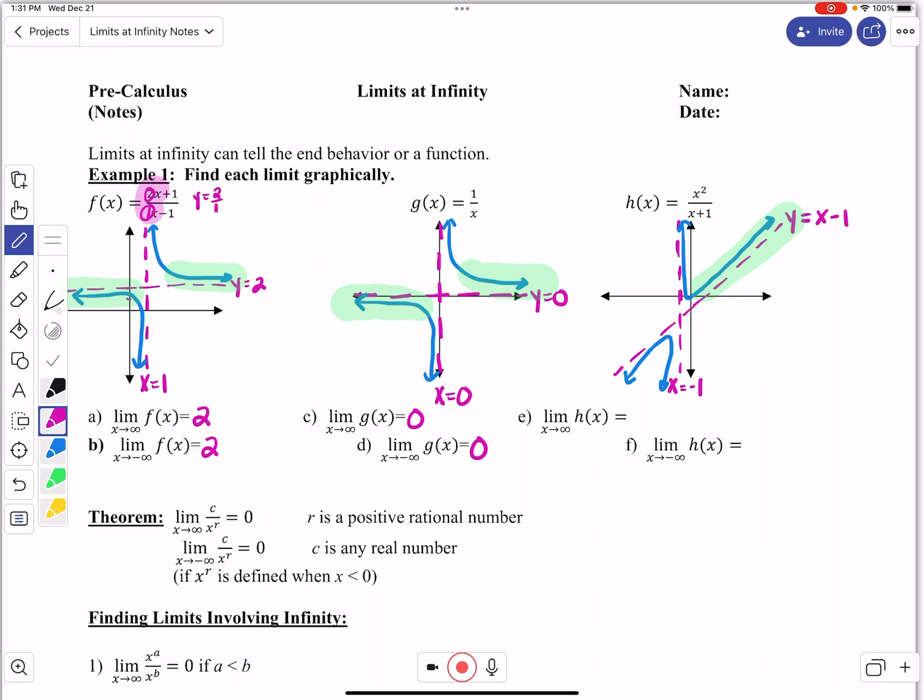So I would say positive infinity. And then for part F, as x approaches negative infinity, my y value is decreasing, going down. So I would say negative infinity for that one.